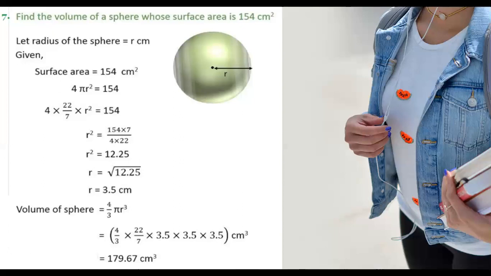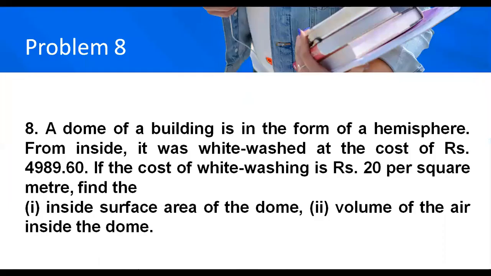Substituting pi as 22 by 7 and r as 3.5 centimeters and solving it, we get volume of sphere as 179.67 centimeter cube. Now coming to the eighth problem, a dome of building is in the form of a hemisphere. From inside, it was whitewashed at a cost of rupees 4989.60.